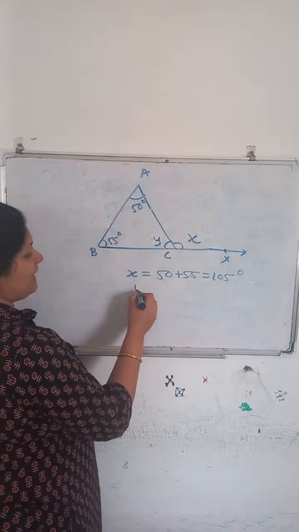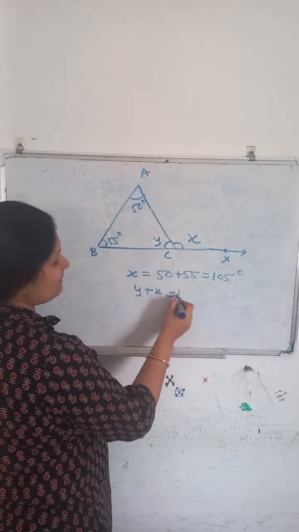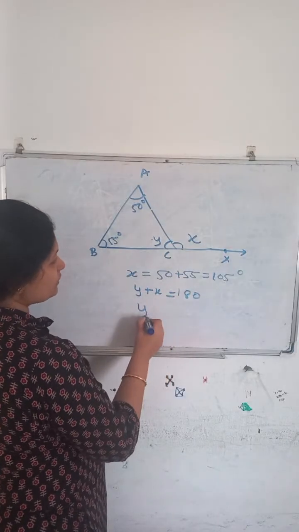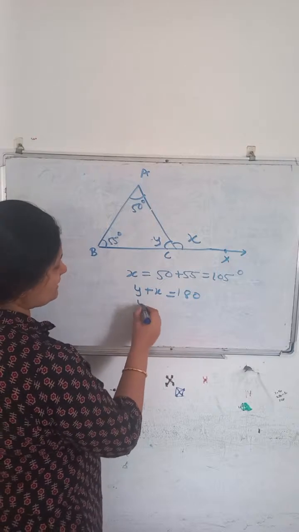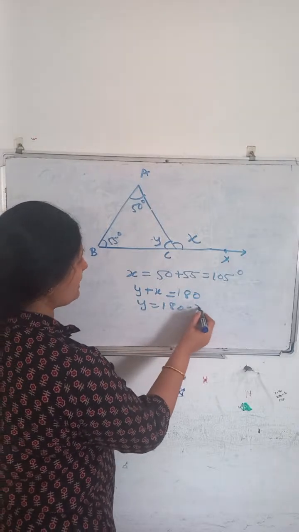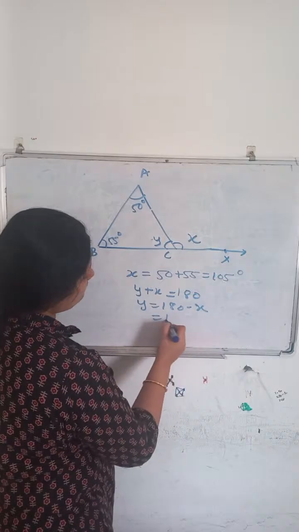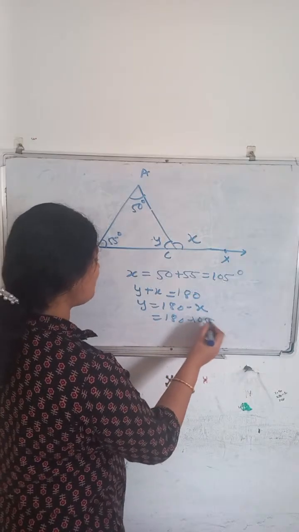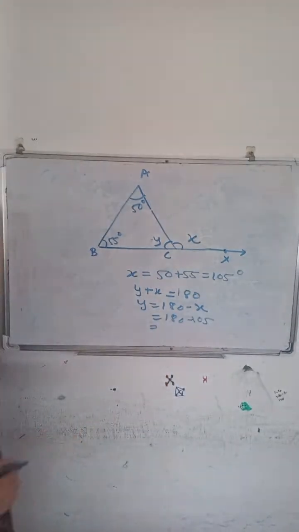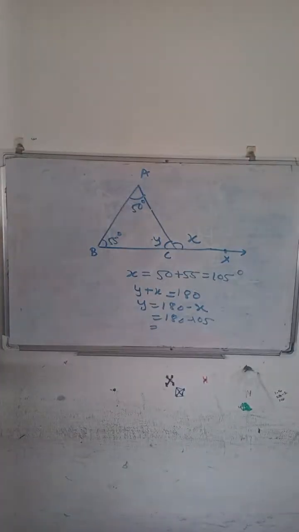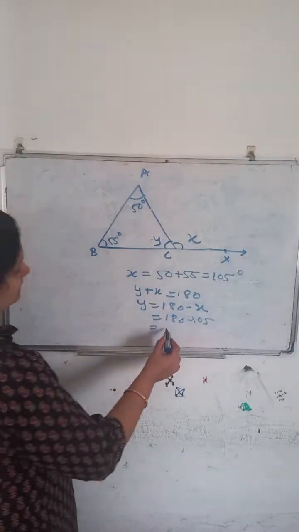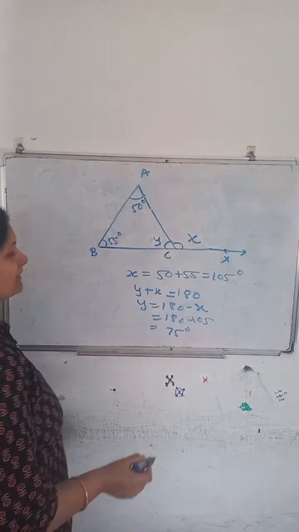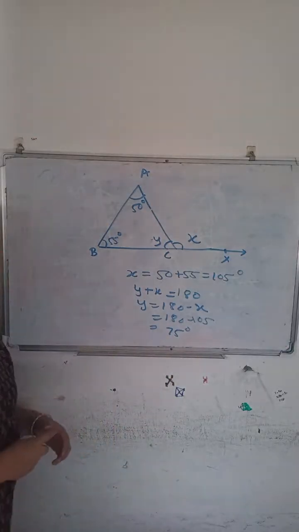And y and x are in a linear pair, that is 180. So y is equal to 180 minus x, that is 180 minus 105, which is 75. Understood how to solve these questions?